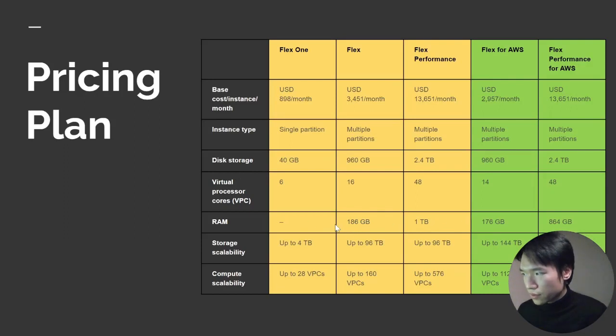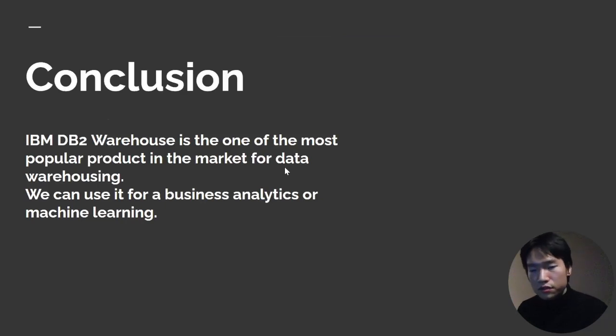And it also varies the RAM capabilities. In conclusion, DB2 Warehouse is one of the most common products in the market for data warehousing, and we can use it for business analytics or machine learning. Thank you.